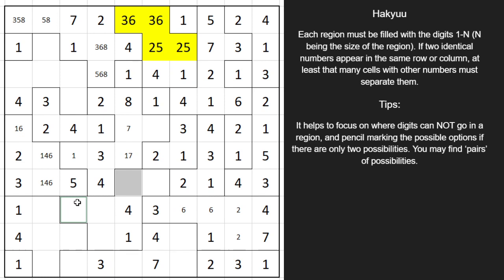Don't think that's helpful. Well, let's pencil mark it. So 3s go there. 5s. This 5 means those can't be a 5. This can't be a 5. So one of these is going to be a 5. Pencil mark that. And if this is a 5, that's 1, 2, 3, 4, 5. Okay, so this could still be a 5.